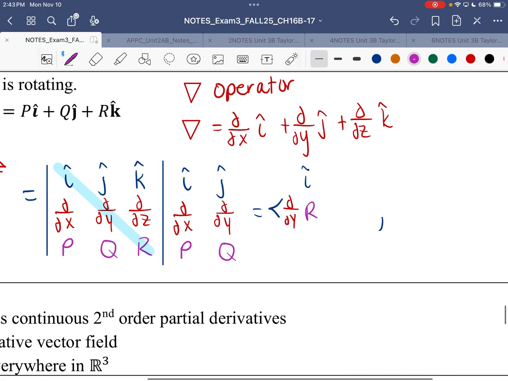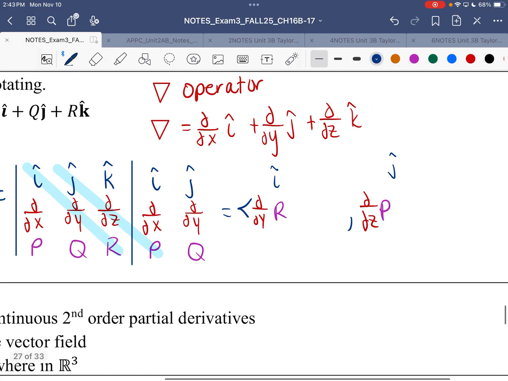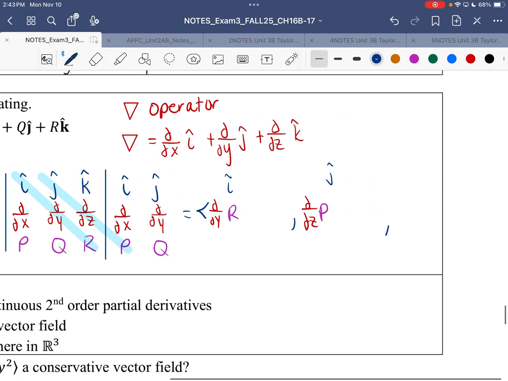And then the J component's going to have the partial derivative of P with respect to Z. And in K we're doing the partial derivative of Q with respect to X.